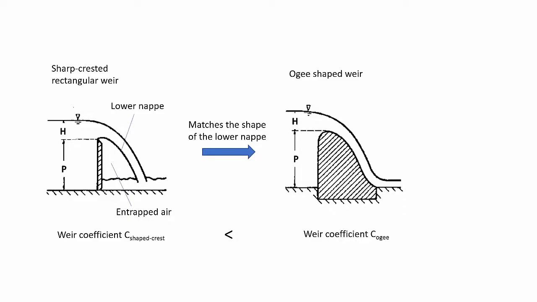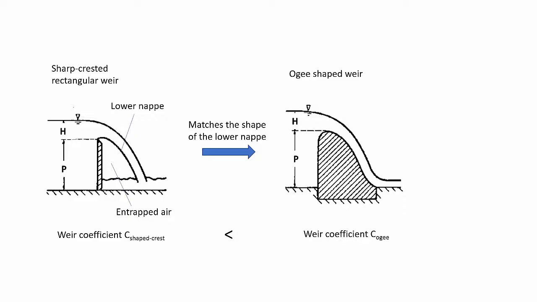In addition, underneath the nappe of a sharp crest weir, there is a region of entrapped air which supports the curvature of the nappe. Over time, the water flow takes away the air and decreases the air pressure, making it shrink. Once the entrapped air gets completely taken away, the nappe may collapse.